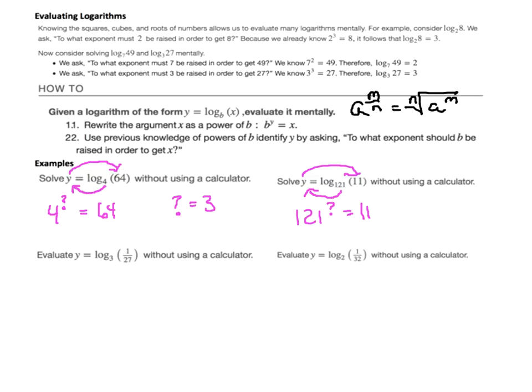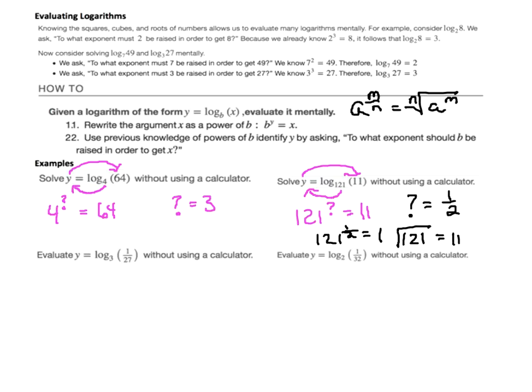But I can't raise to a square root. That's not how you write that. So question mark here is 1/2. So when I raise 121 to the 1/2 power, I get 11. That's because that 1/2 power is the same thing as the square root of 121, which is 11.